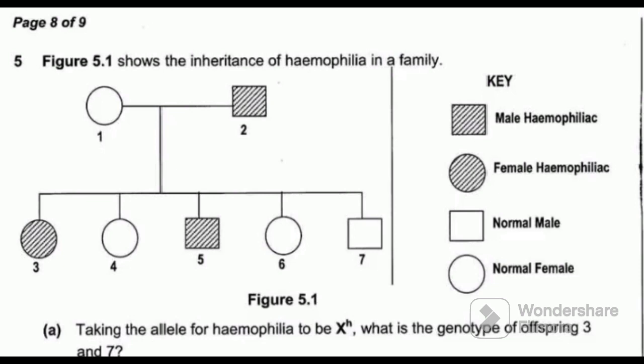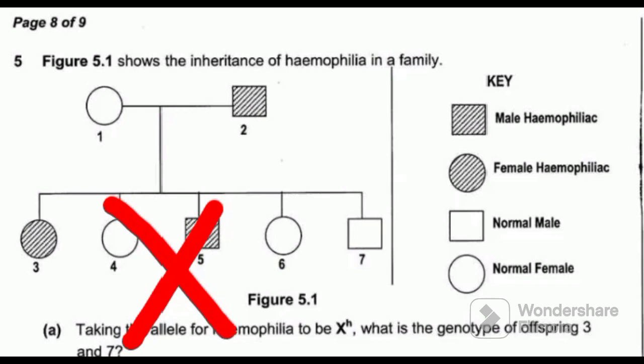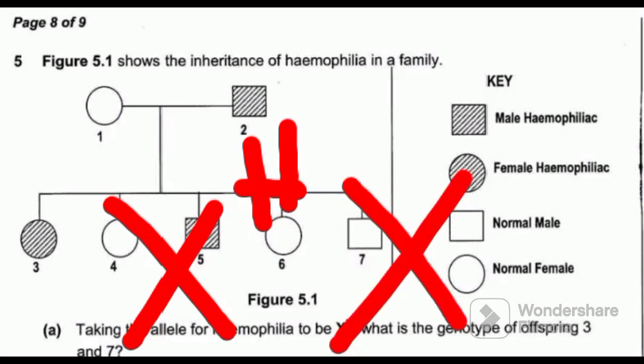For offspring 4, who is a female, we are going to use X to the power capital letter H, another X to the power small letter h. This will be our genotype for the female parent.